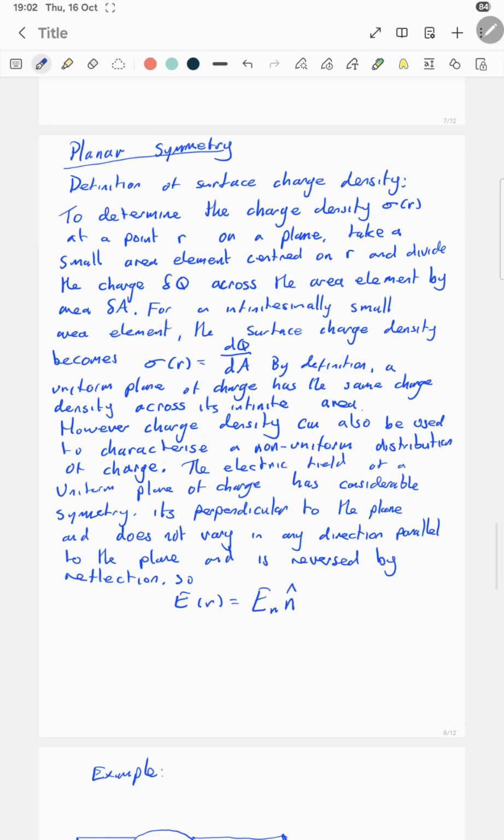Now, in planar symmetry, the definition of surface charge density: to determine the charge density at a point R on a plane, we take a small area element centered on R and divide delta Q across the area element by delta A. For an infinitesimally small area element, the surface charge density becomes dQ by dA.